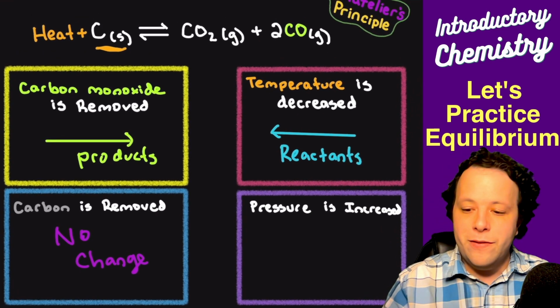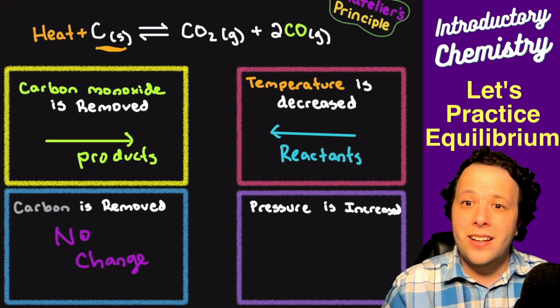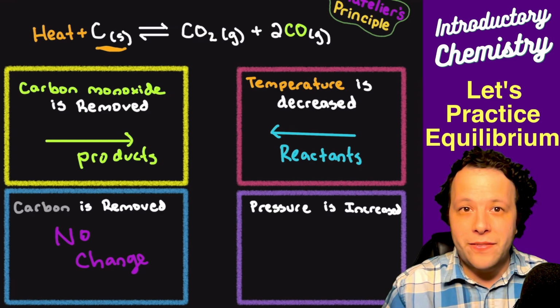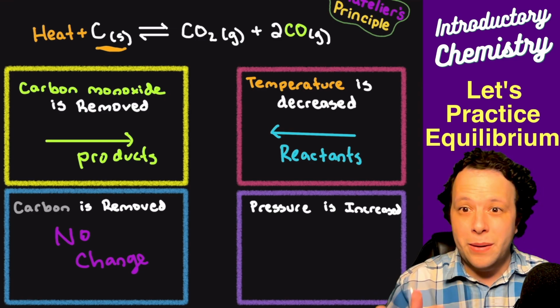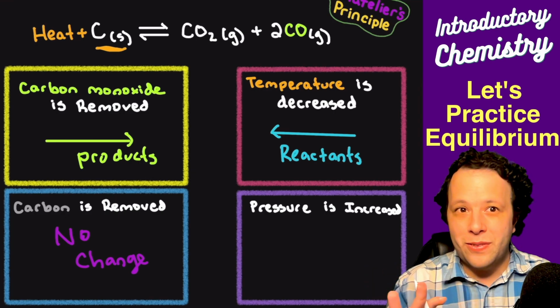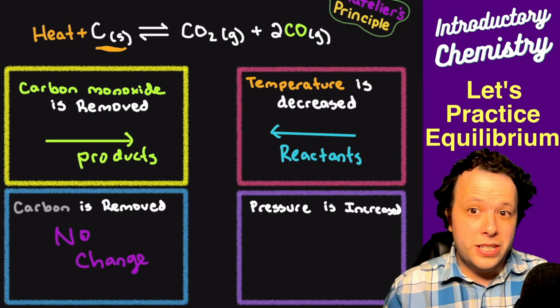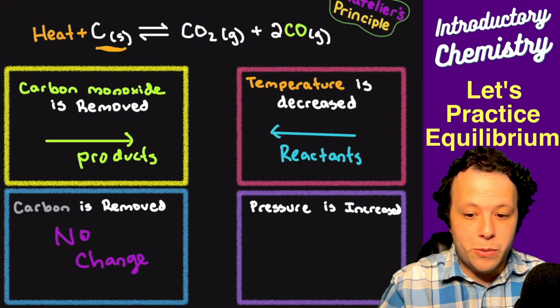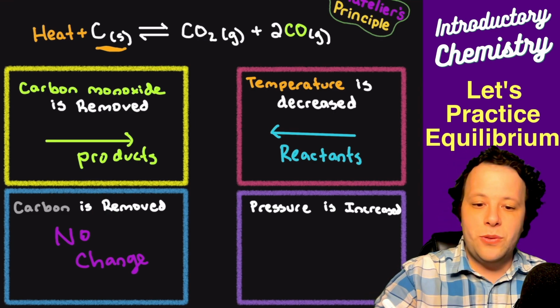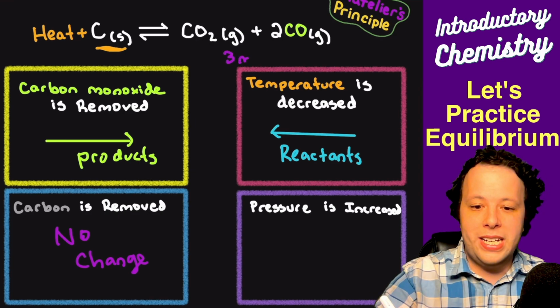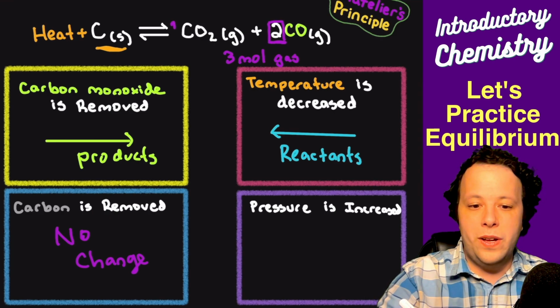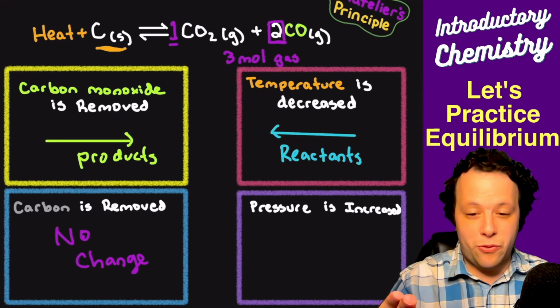All right, now what if pressure is increased? When it comes to pressure, we have to look at the number of moles on the different sides of the reaction. If we increase pressure, it's going to shift away from more moles of gas. On the right-hand side, we have 3 moles of gas: the 2 moles of CO and 1 mole of CO2. So there are 3 total.